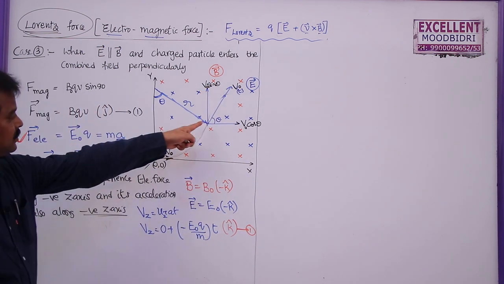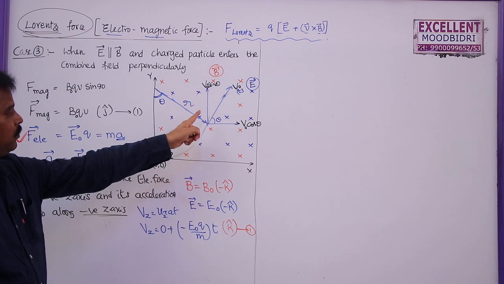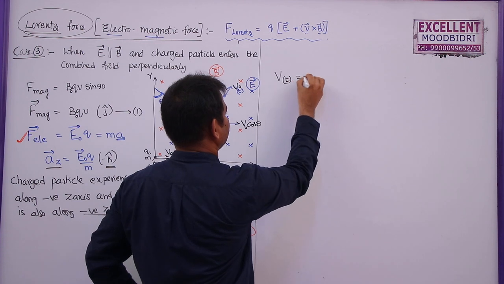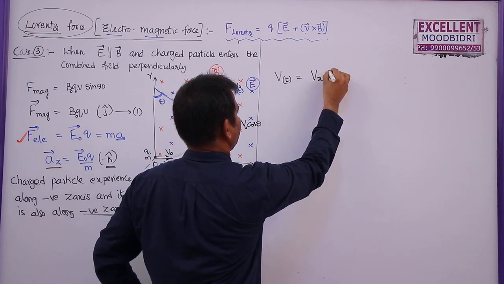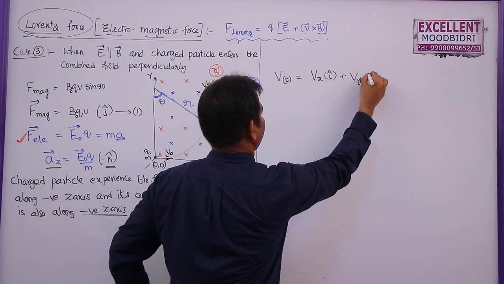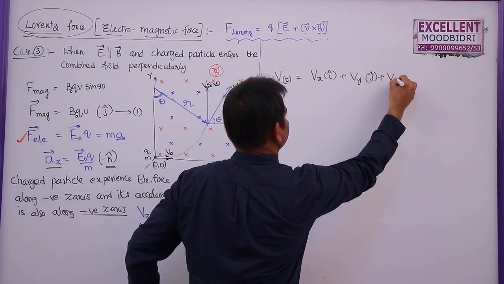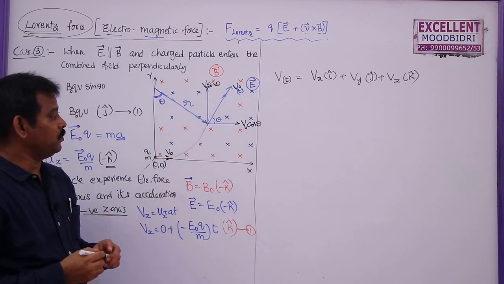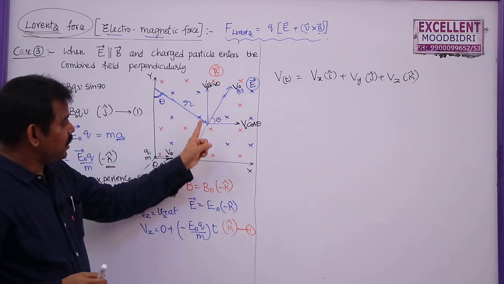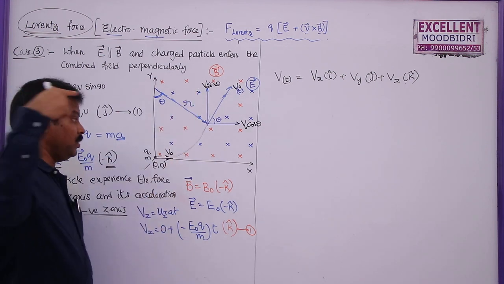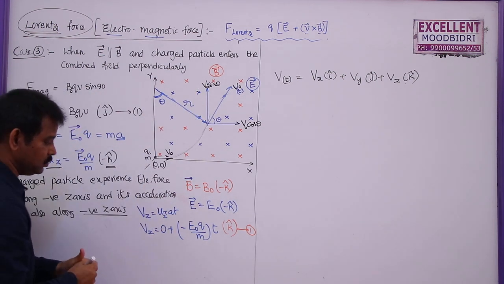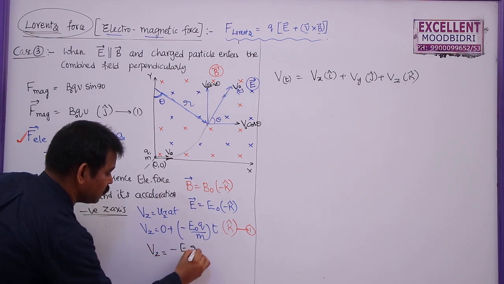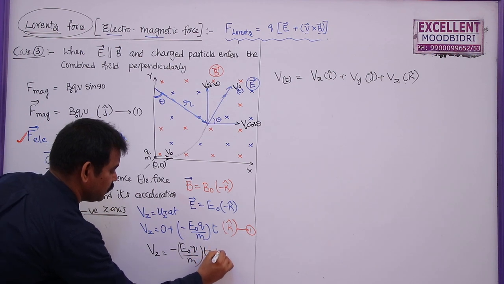So what is the velocity of this charged particle after a time t? The velocity after a time t is given by Vx i cap plus Vy j cap plus Vz k cap, because it has velocity not only in two different directions. Vx and Vy are due to the magnetic field and Vz is due to the electric field. So Vz is given by minus E naught q by m into t k cap.